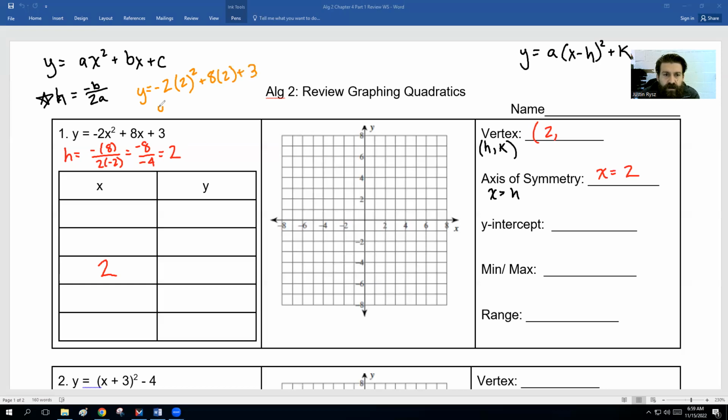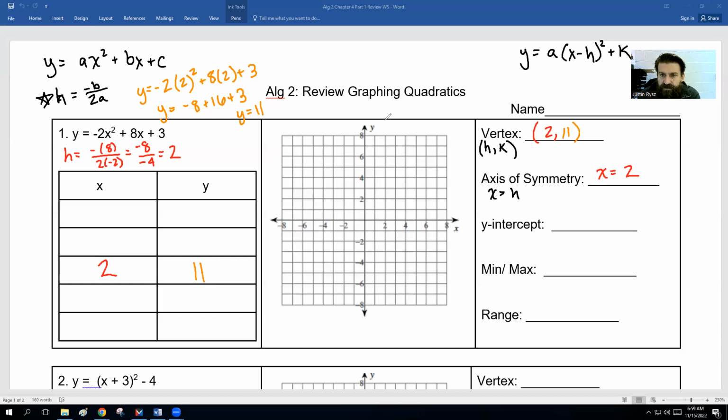If we square 2, 2 times 2 is 4, times negative 2 is negative 8. 8 times 2 is 16. And we've got plus 3. Negative 8 plus 16 is 8. 8 plus 3 is 11. So the vertex is at (2, 11). So over 2, up 11.